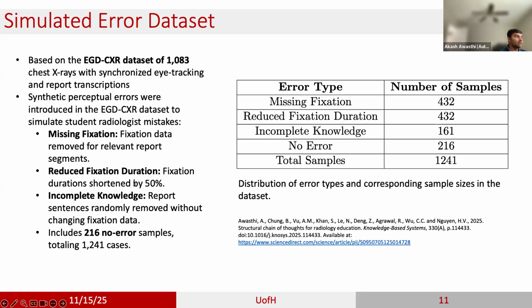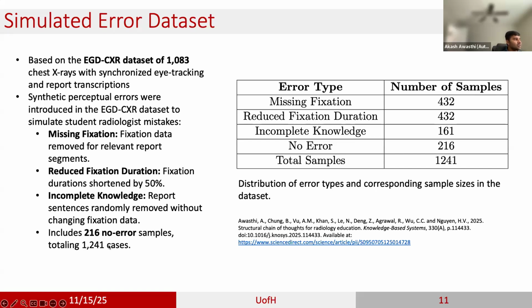For some of the abnormalities which we mask, we correspondingly reduce the fixation durations to simulate the region of reduced fixation duration. Another region is basically incomplete knowledge, where we just remove the abnormalities from the report randomly and don't do anything with the gaze data, because we want to simulate that the radiologist has explored most of the whole region but didn't have the capability to recognize the pattern.